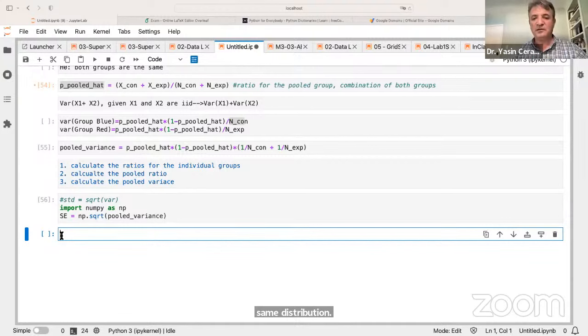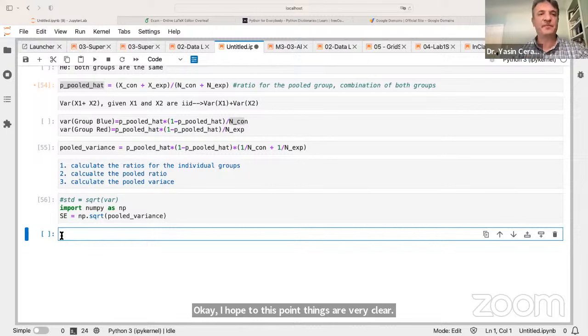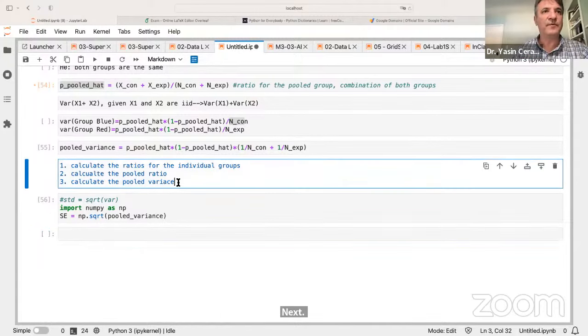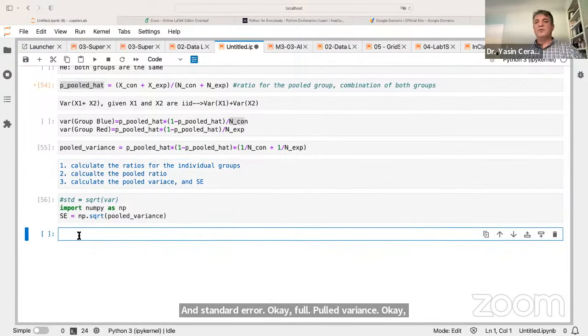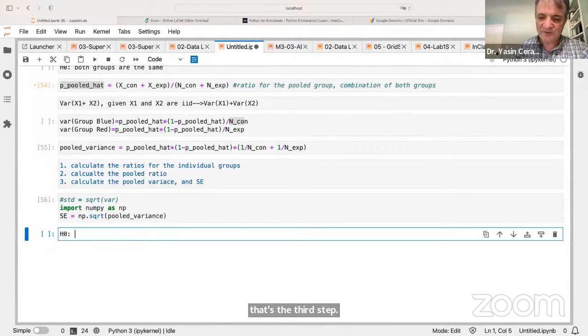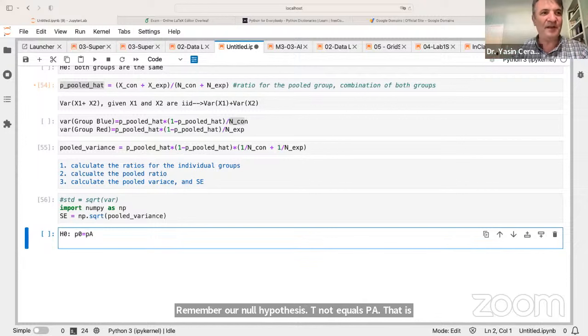All right. Next. So pooled variance and standard error for the pooled group. That's the third step. Now, remember our null hypothesis: P0 equals PA. That is our null hypothesis. The alternative hypothesis is that P0 is not equal to PA.